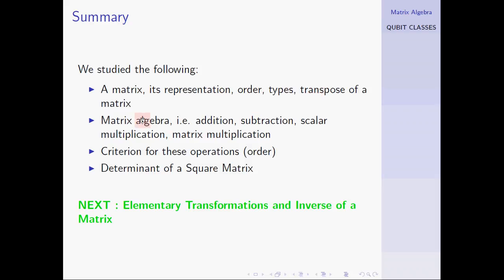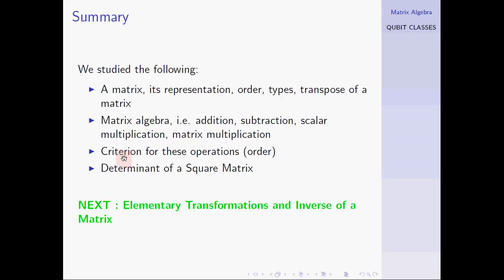Then we solved a couple of problems on matrix addition, subtraction, scalar multiplication, and matrix multiplication. Note that division of two matrices is undefined. We have an operation which is similar to matrix division, which is known as finding the inverse of a matrix, that we will see in the next video.